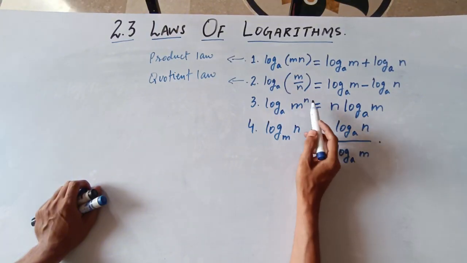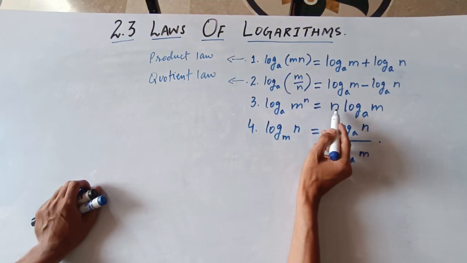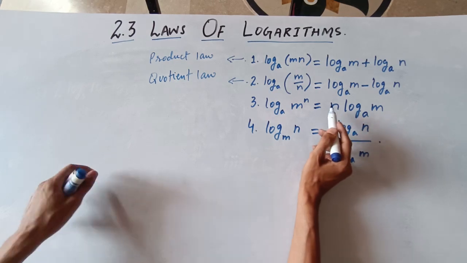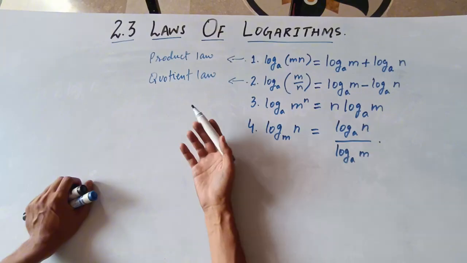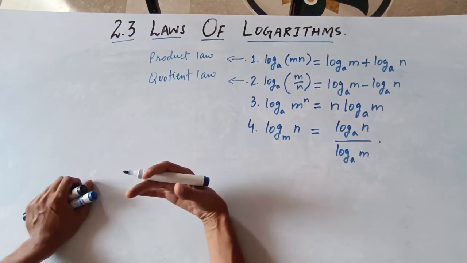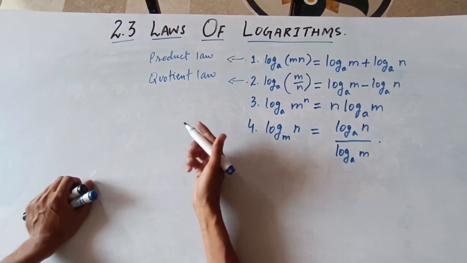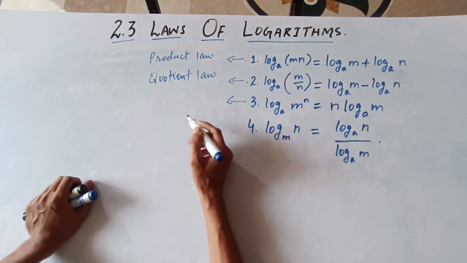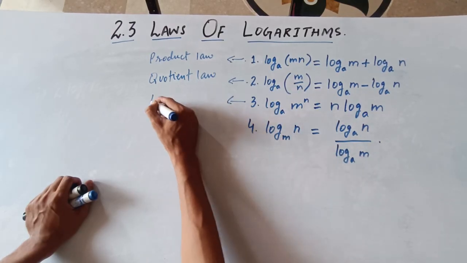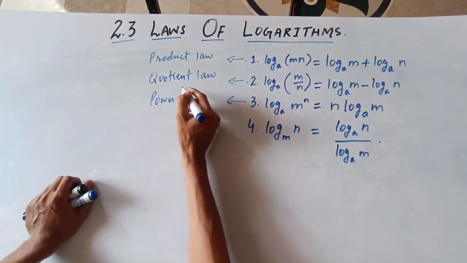It is very simple, you just need to write your power as the coefficient, or in the other way you can write your coefficient into the power. It depends on what the question asks, how you need to solve that particular question. We will see how to use this particular law in our questions. That's why it is called the power law.